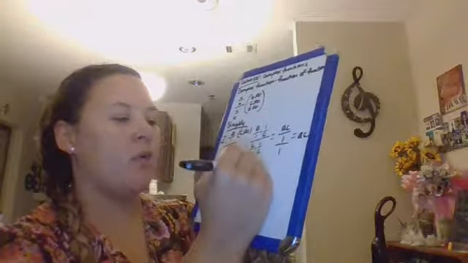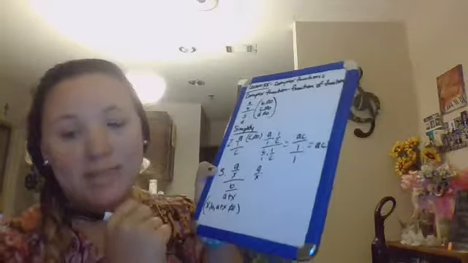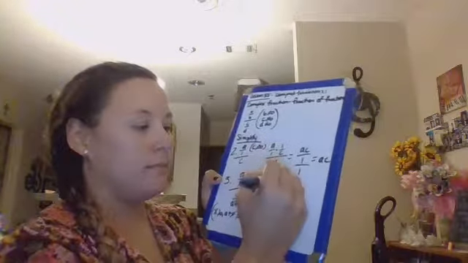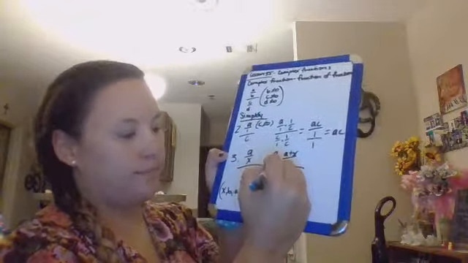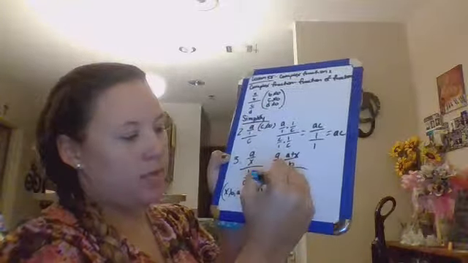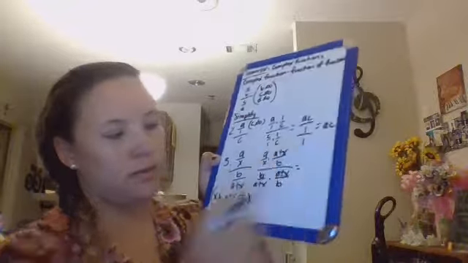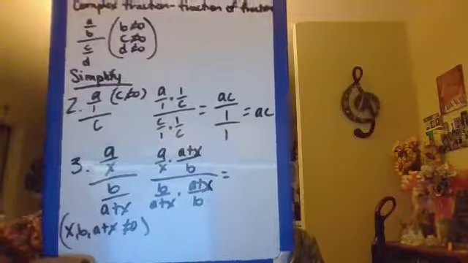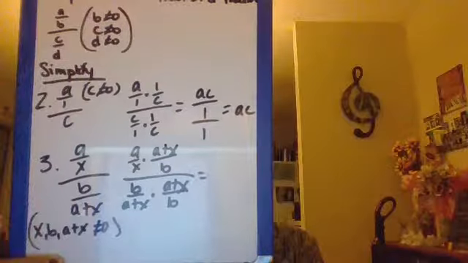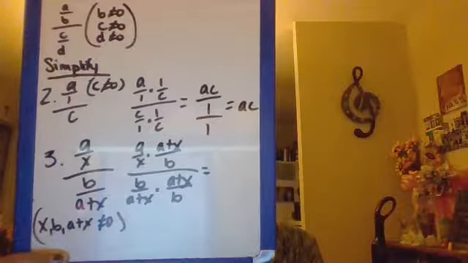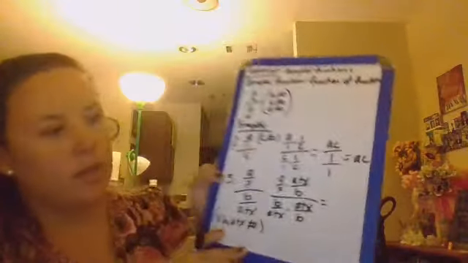So we'll have A over X times A plus X over B, over B over A plus X times A plus X over B. And then we multiply it out.